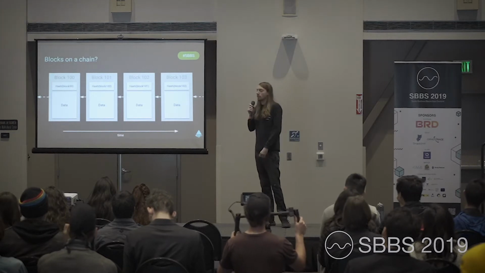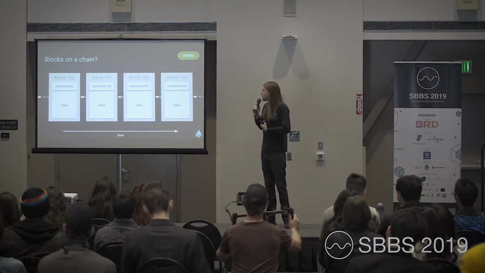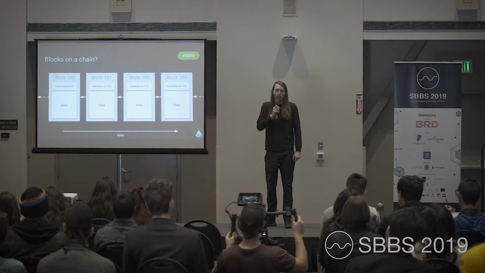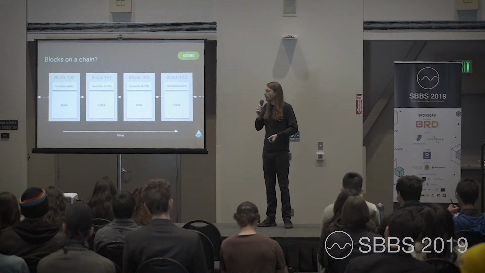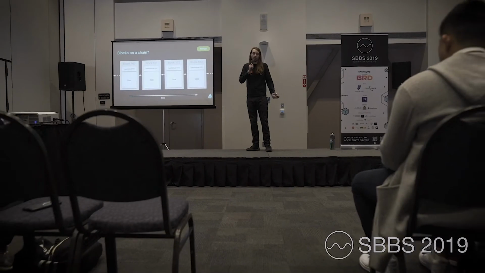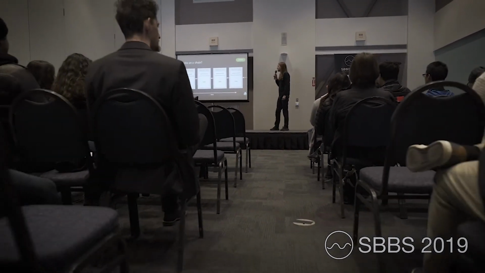Now moving on, how does this relate to blockchain? Well, blocks are basically arbitrary sets of data that have a reference to the previous block, and they're linked together in such a way that it resembles a chain. Chains are links all in a row, and they're always growing.